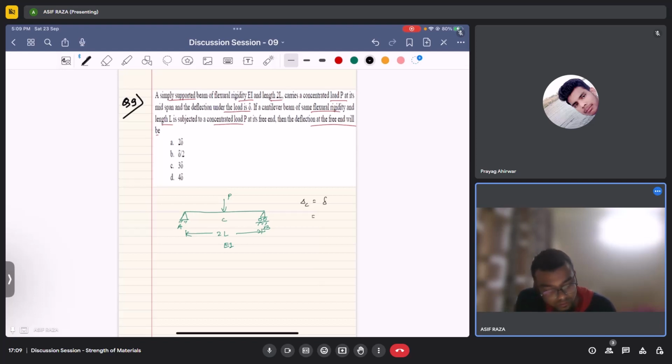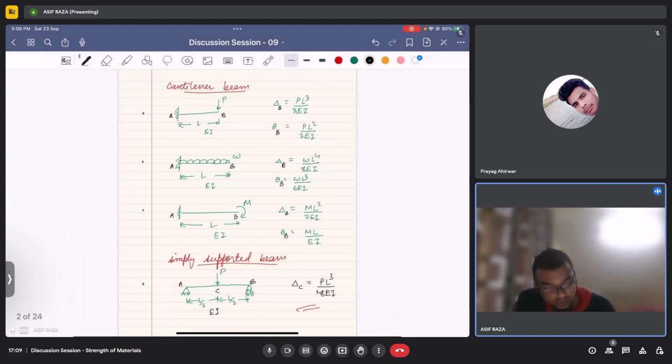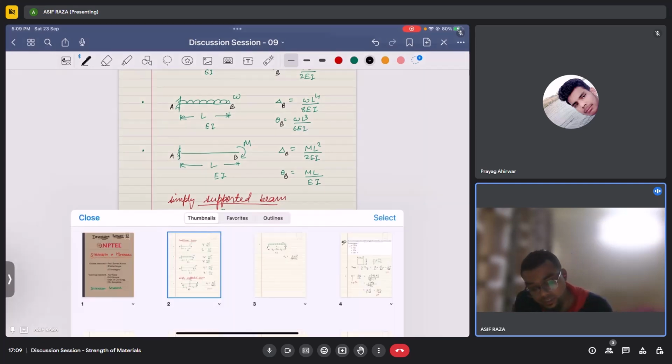As I showed you, if the span length is L, the deflection at the midpoint comes out to be PL cube by 48 EI.